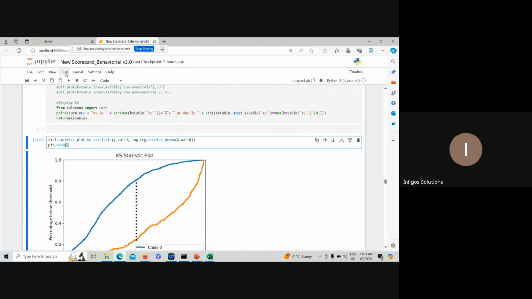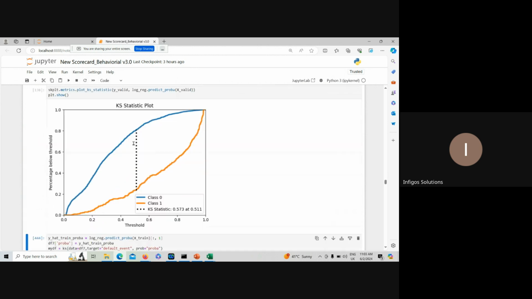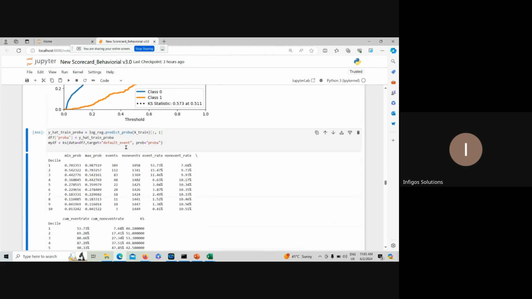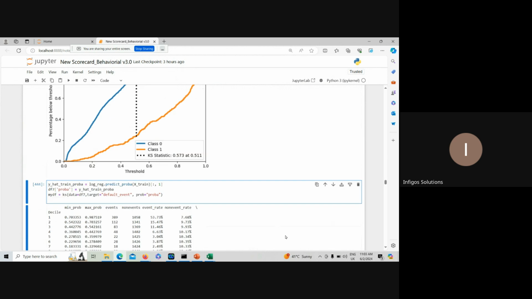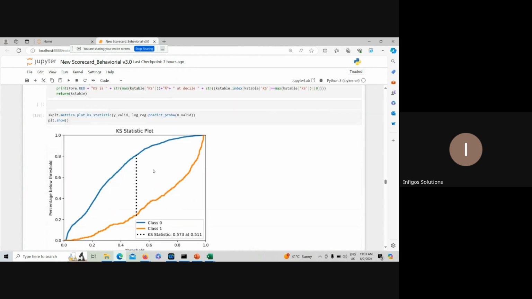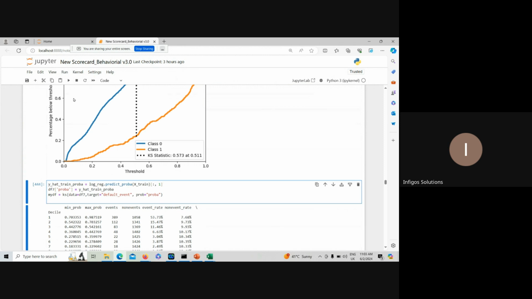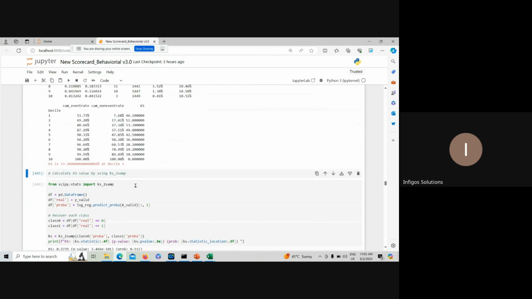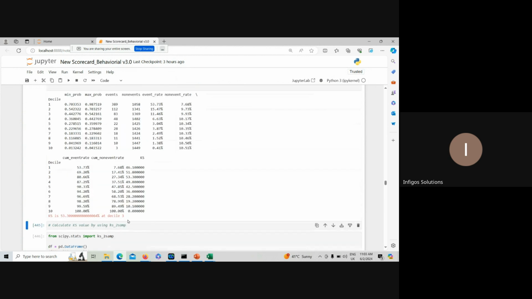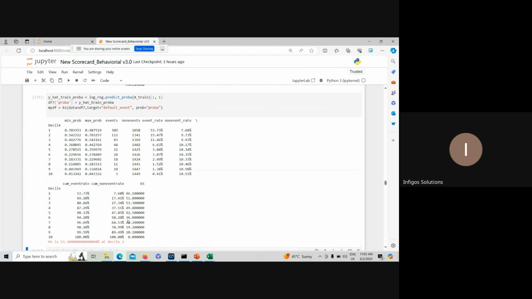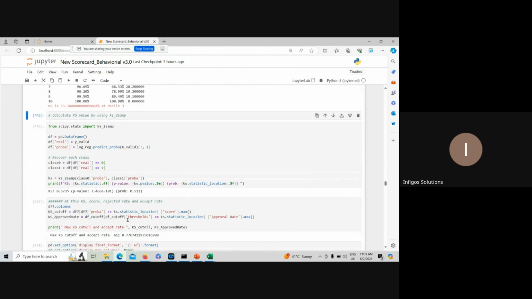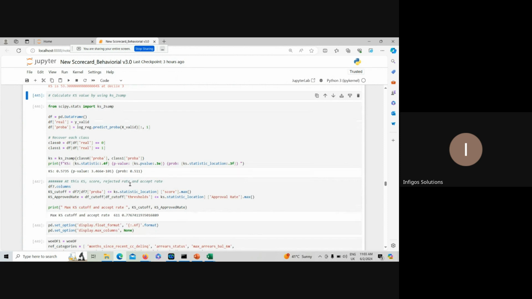This is KS plot. And this will come using this particular calculation, which is done here. This particular piece of code. Okay. And you want to figure out at what score and what acceptance rate you're getting the optimal cutoff.